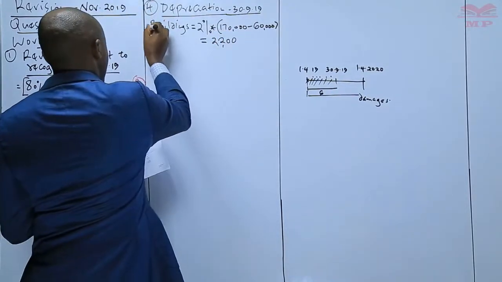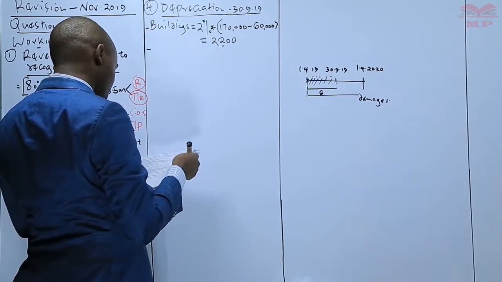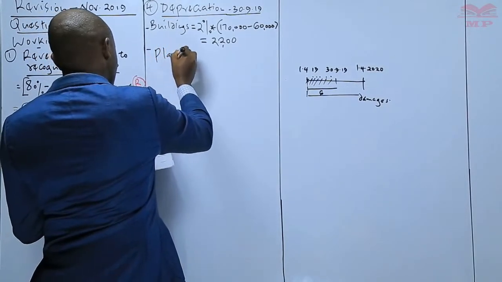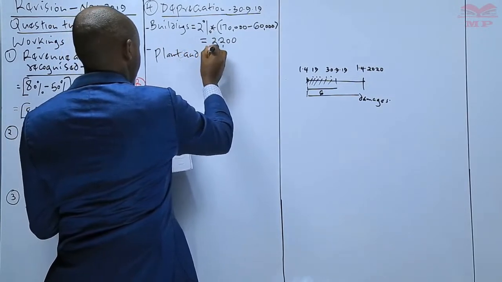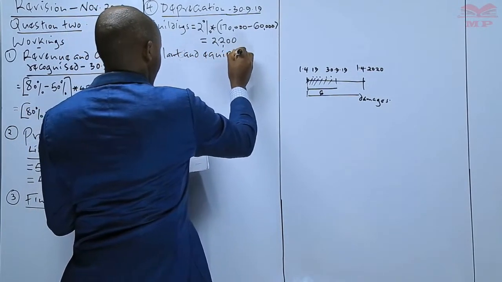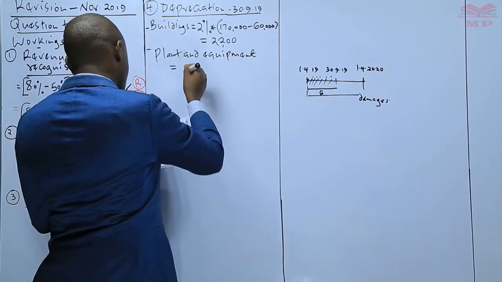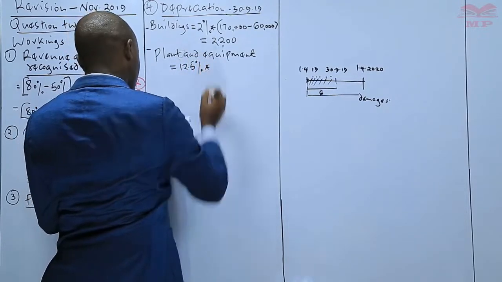And then we also compute the depreciation as per note number 3. We compute depreciation on plant and equipment. We are told depreciation here is computed at the rate of 12.5% of what?